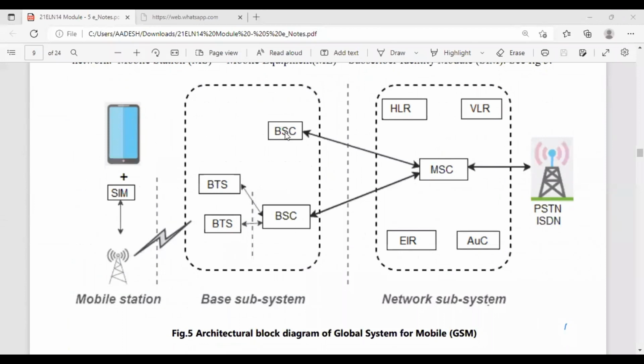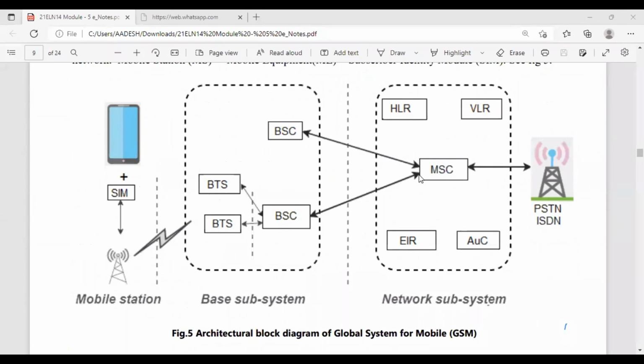So what is BSC? BSC means base station controller. Each BSC can manage 2 to 3 BTS. What is BTS? Base transceiver station. Similarly, one MSC can monitor or manage 2 to 3 BSCs. MSC means mobile switching center.